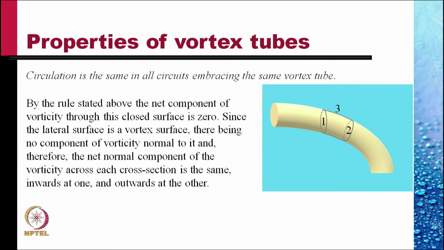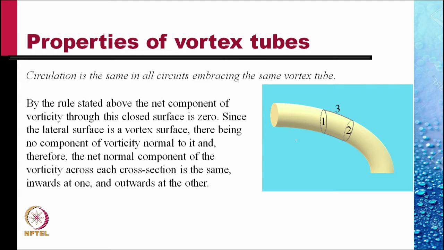So the integral of vorticity dot dA over surface 1 must equal the integral of vorticity dot dA over surface 2. That is, the net component of vorticity across each cross section is the same, inward at one and outward at the other.